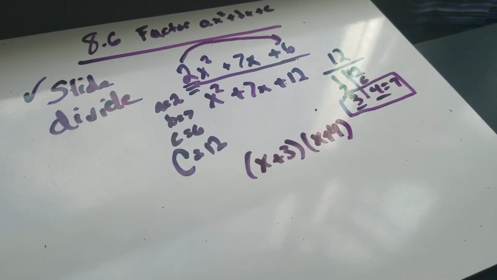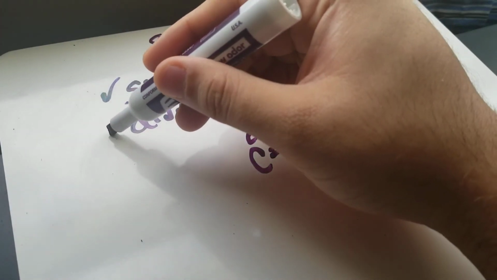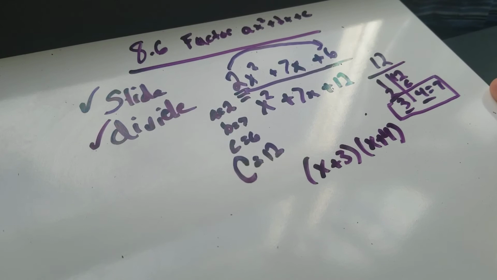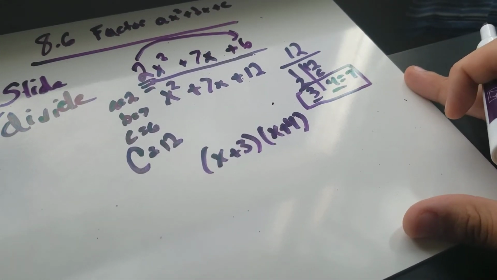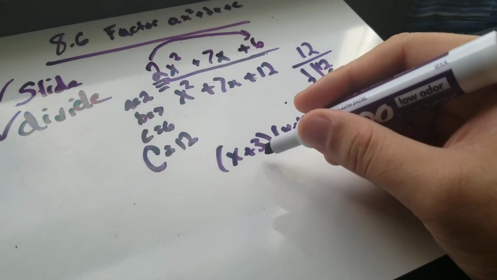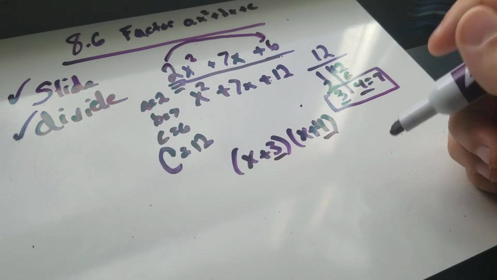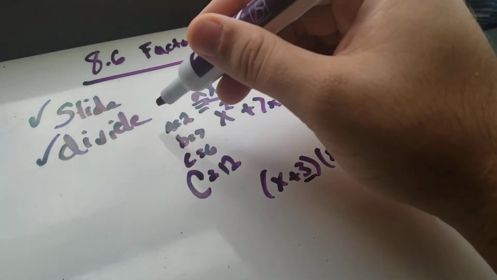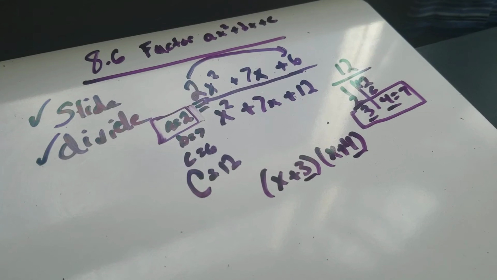So typically in a normal question, we are done. But we forgot the divide part. So this is where the divide part comes in. We're going to divide both 3 and 4, both factors, by our original a. And our original a is 2.